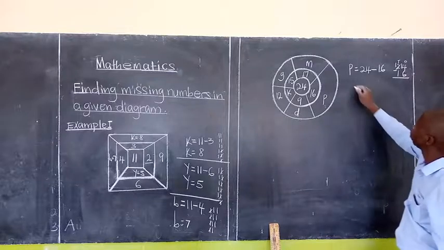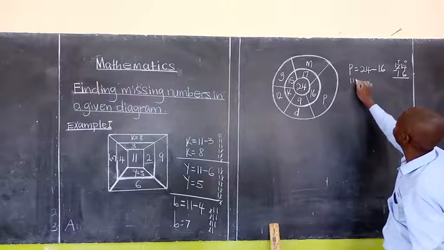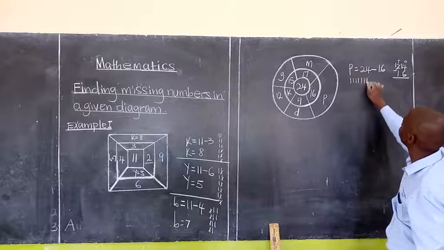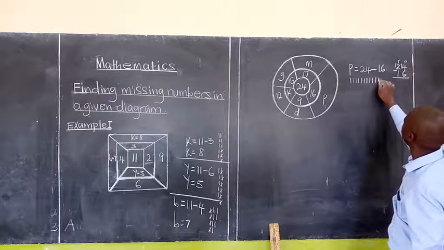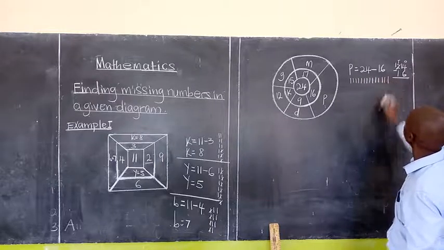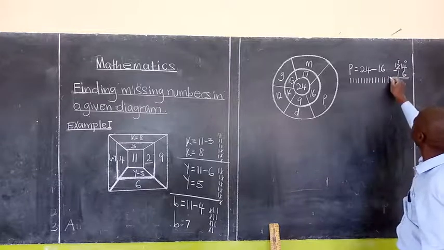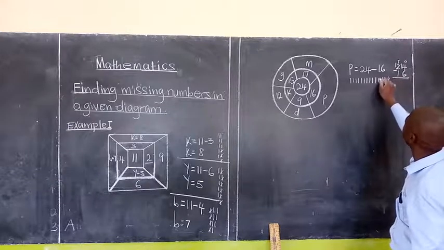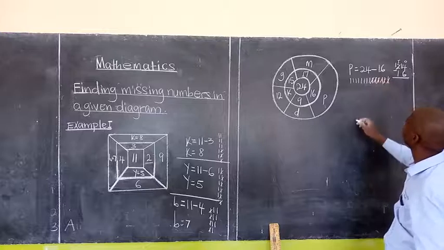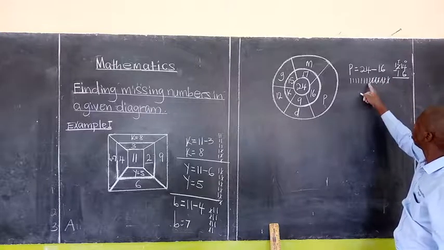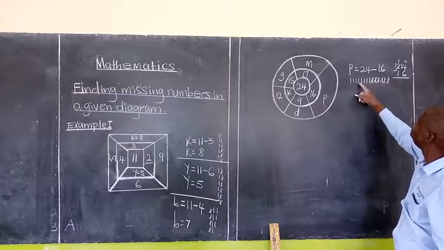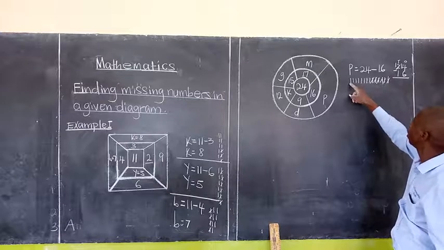So now we have 14 take away 6. 1, 2, 3, 4, 5, 6, 7, 8, 9, 10, 11, 12, 13, 14. We are taking away 6: 1, 2, 3, 4, 5, 6. And we are left with 1, 2, 3, 4, 5, 6, 7, 8.